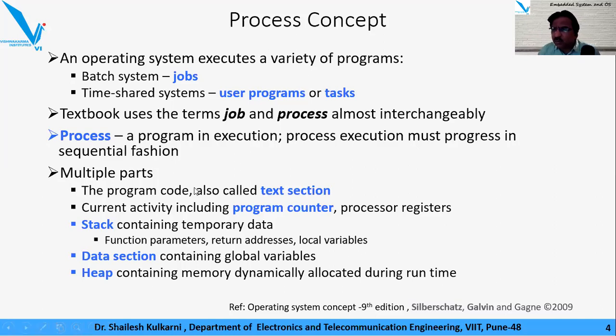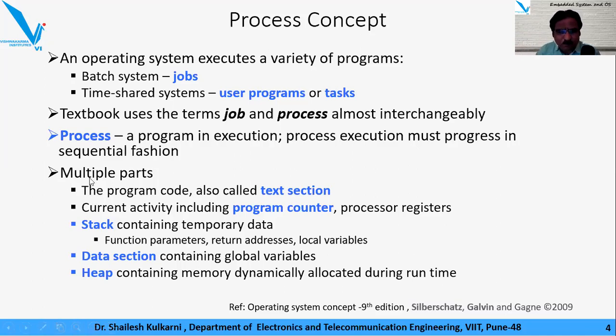The program code is also called the text section. In the book, it is written that there are some entities held in this data structure or in memory, which the operating system scheduler makes use of to control the operations on this executable portion of the program. That is what we call a process or task.